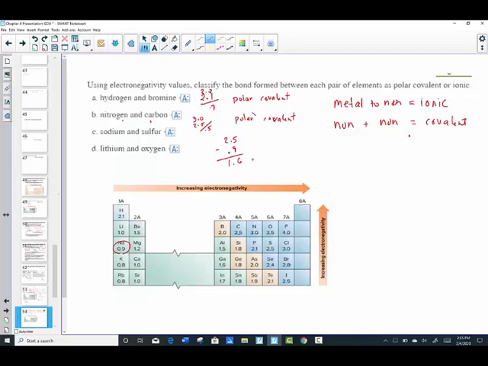That's a little tricky there. I would definitely say that falls in the polar covalent realm because it's not bigger than 2. And then lithium and oxygen. Let's see, oxygen 3.5, lithium, oh yeah, here we got one there. This is ionic because it's bigger than 2. Alrighty, so we had one tricky one there. We had to rely on the electronegativity values. So perfect work there. We're getting the hang of this.